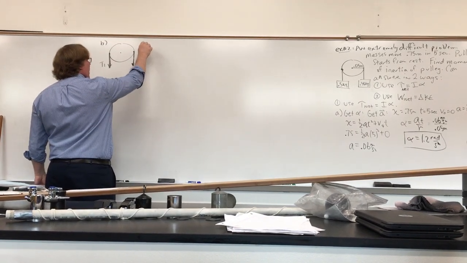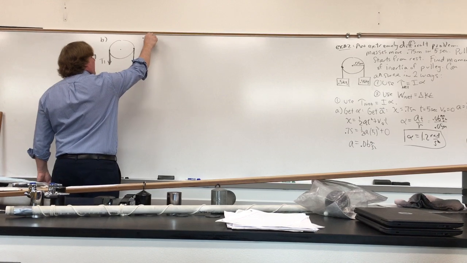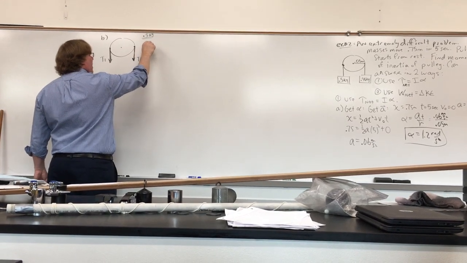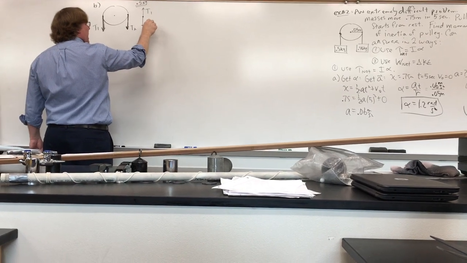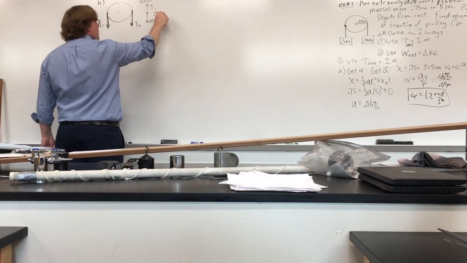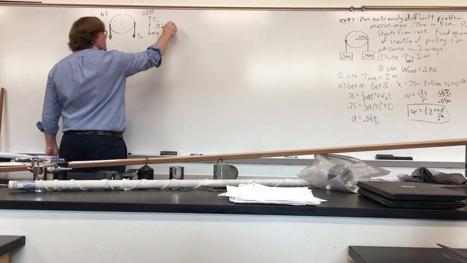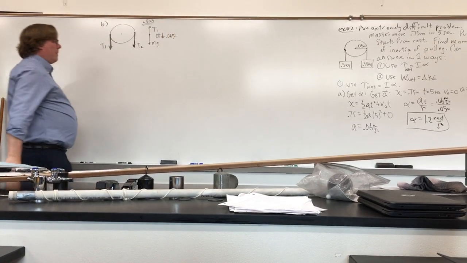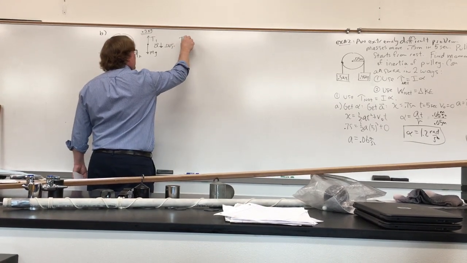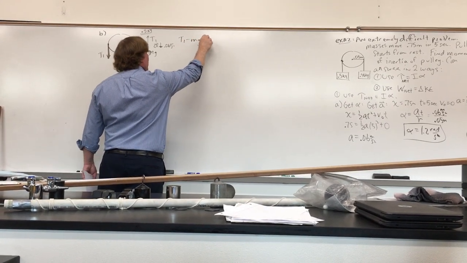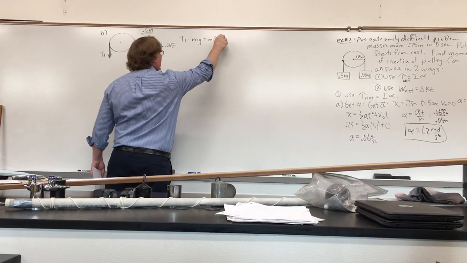Here, let's do a free body diagram of the 0.5 kilogram mass. I've got T1 up, I've got mg down, and I've got an acceleration downward of 0.06 meters per second squared. And so I get to say that T1 minus mg equals m times negative 0.06.